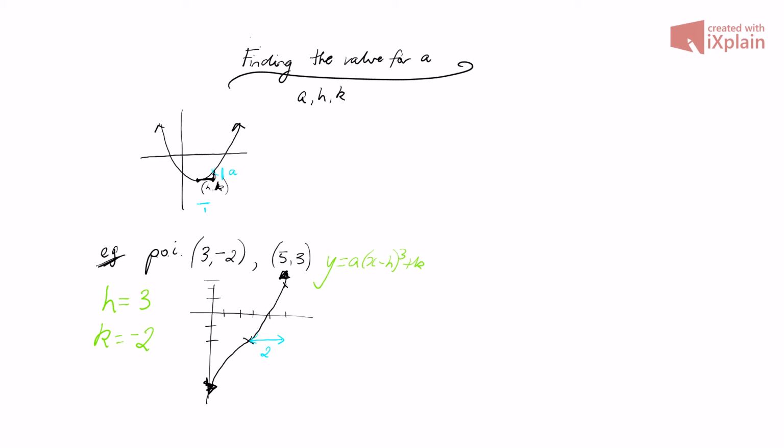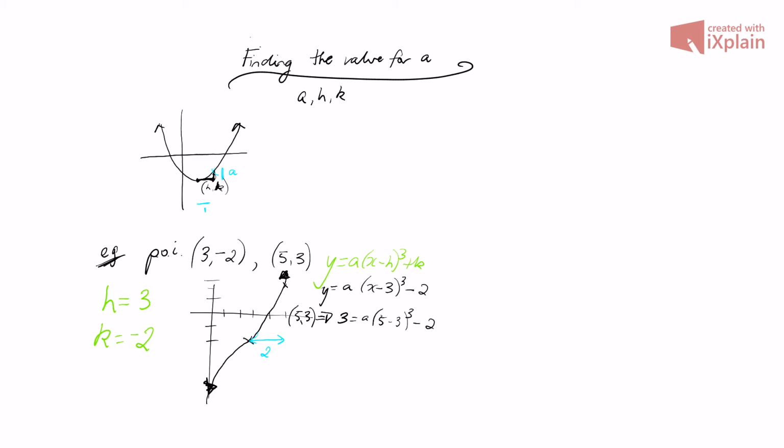Then we fill it in: y equals a(x minus 3) cubed minus 2. Then we use the point that we know about and substitute that in. So 3 is equal to a(5 minus 3) cubed minus 2, and then all we have to do is rearrange it to find a.